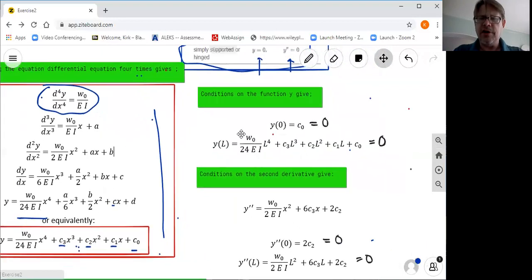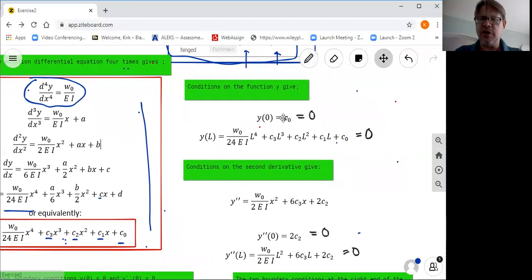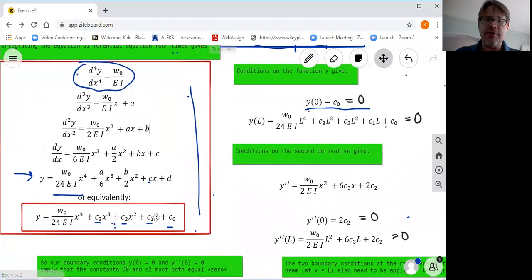Let's take a look at those conditions a little bit more carefully. Remember that one of our conditions was that, since we had simple support at the left-hand side at x equal to 0, the function itself has a value of 0 at 0. But we know the form of the function.